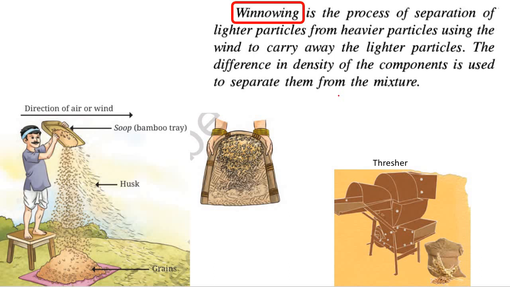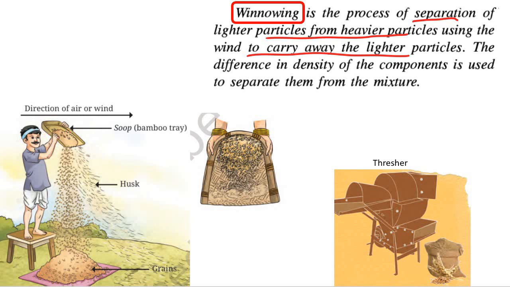You see, winnowing is the process of separation of lighter particles from the heavier particles using the wind to carry away the lighter particles. Now you see the thing over here. This is a bamboo tray, a soup, which contains both husk as well as grains.